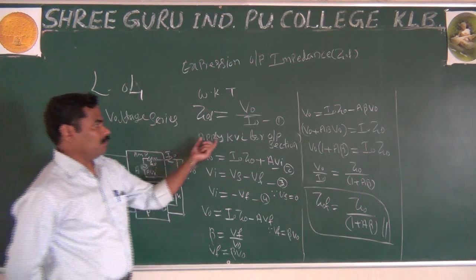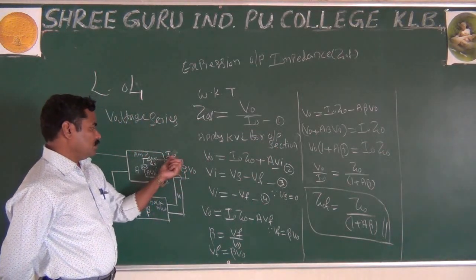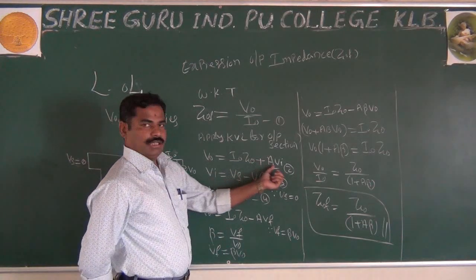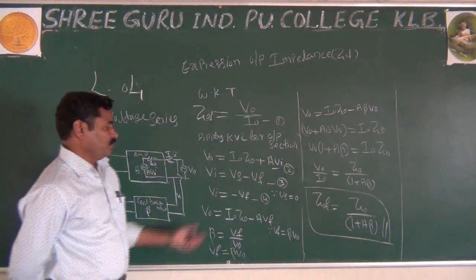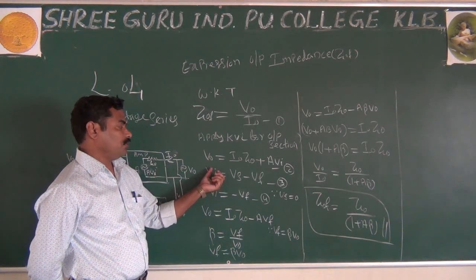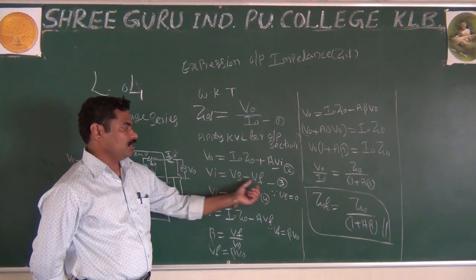Once again, applying KVL to the output section, V naught equals I naught Z naught plus AVi. As we know, if you apply negative feedback in an amplifier, the input voltage decreases; that's why Vi is equal to Vs minus Vf.